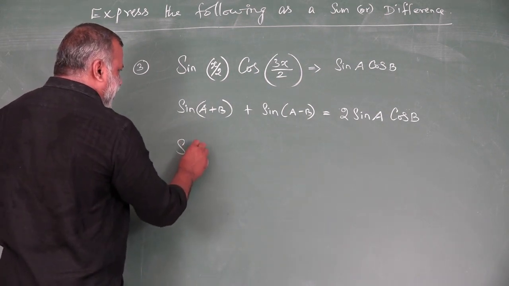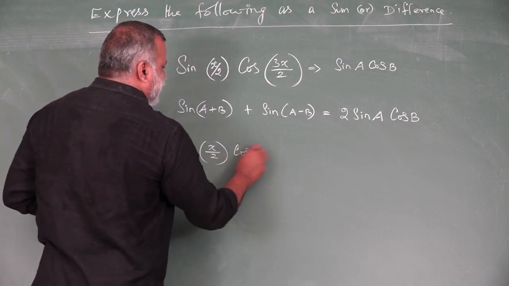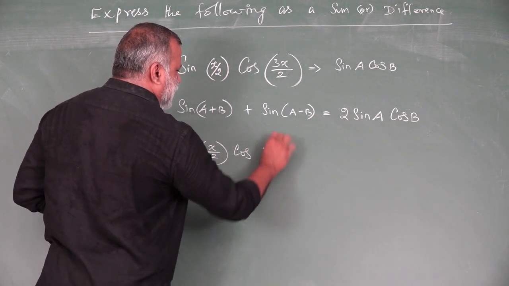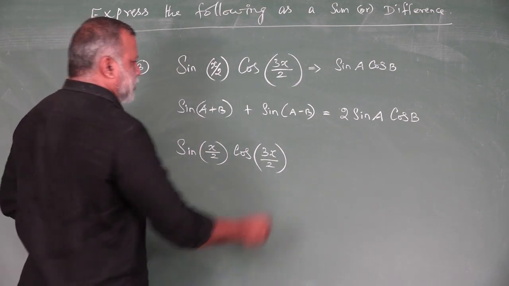That means sine of x by 2 cos of 3x by 2.